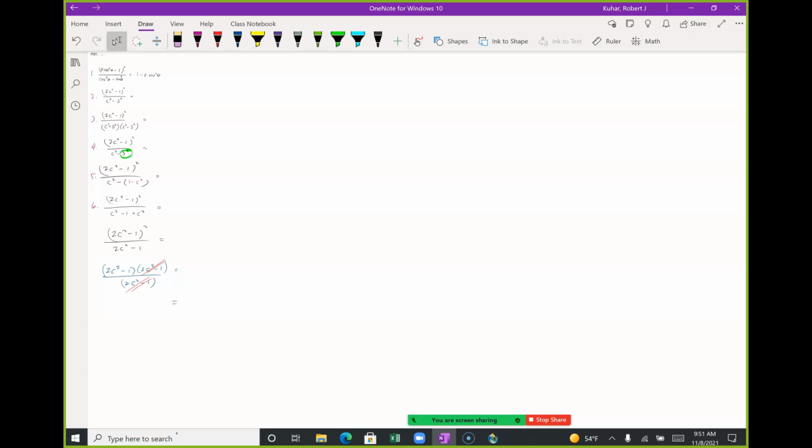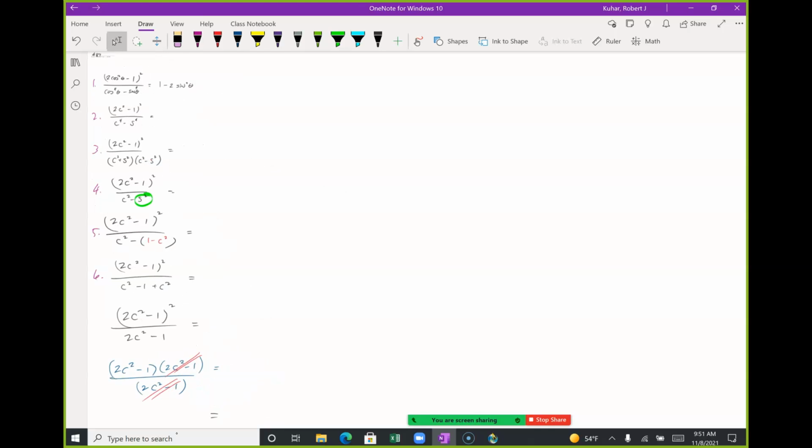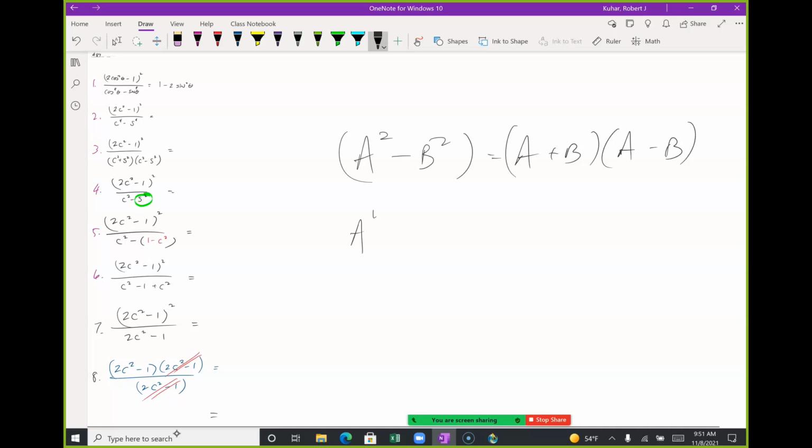Professor? Yes? I'm a little bit confused from how you got from 3 to 4. In the denominator, I've got an a squared minus b squared, which turns into an a plus b times an a minus b, right? But since I have a to the 4th minus b to the 4th, that's going to turn into a squared plus b squared times a squared minus b squared.